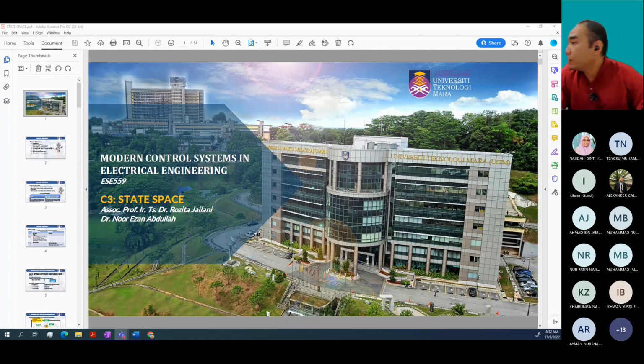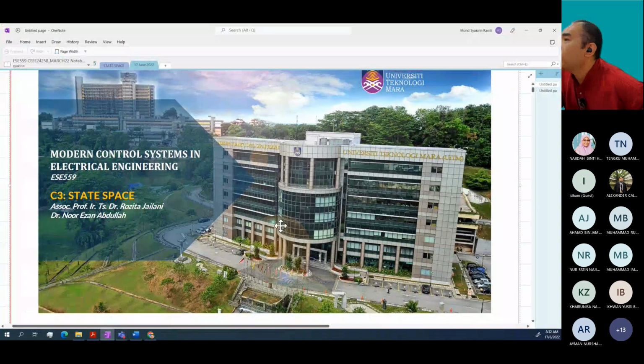Right, before we start, can you guys see clearly my screen? Boleh nampak ke screen saya ni? Boleh. Alright. I'm not sure whether the one page note is already synchronized with your account.